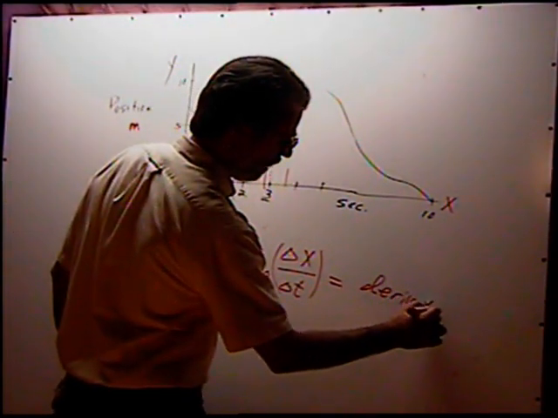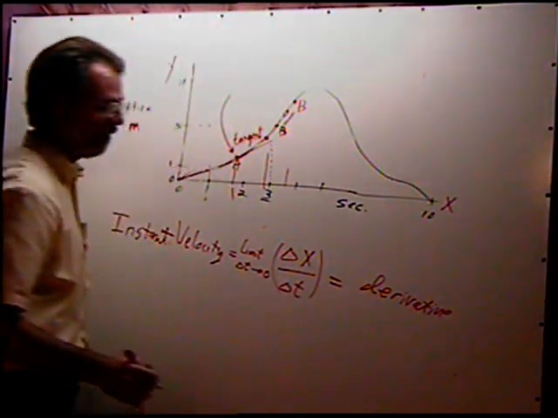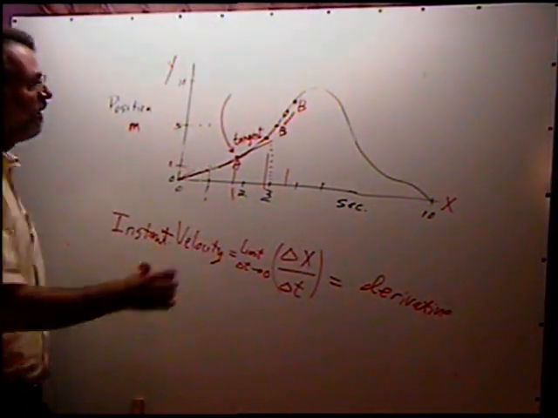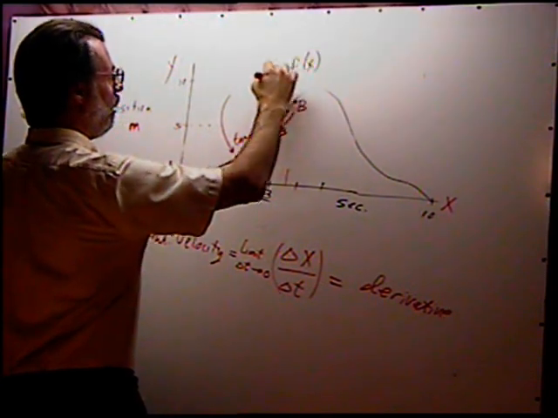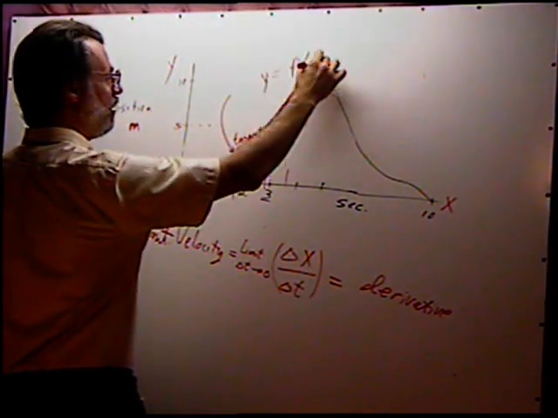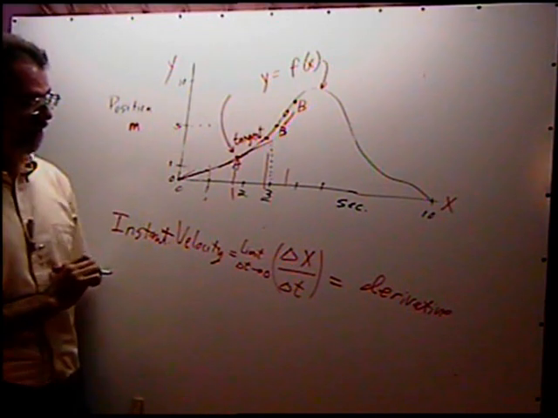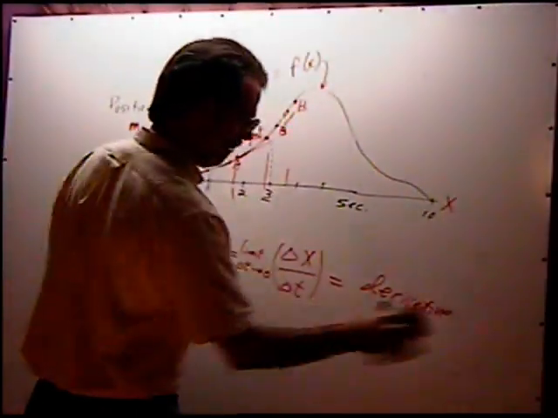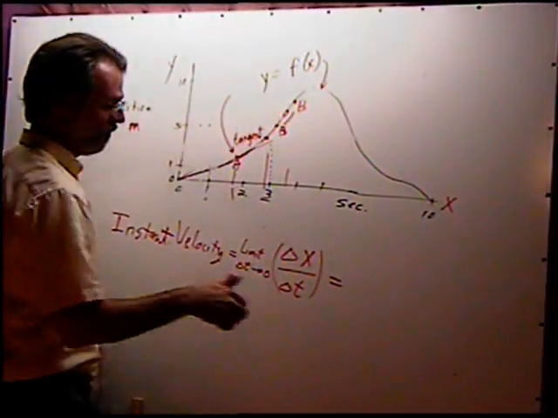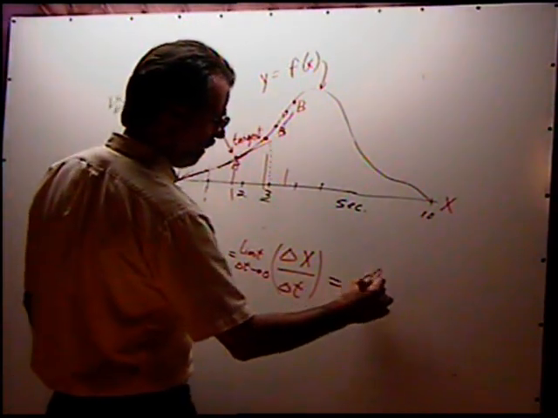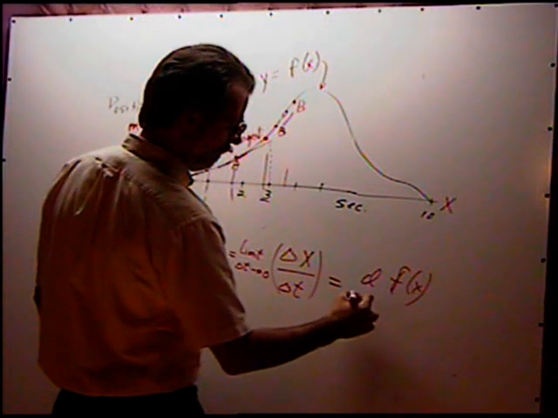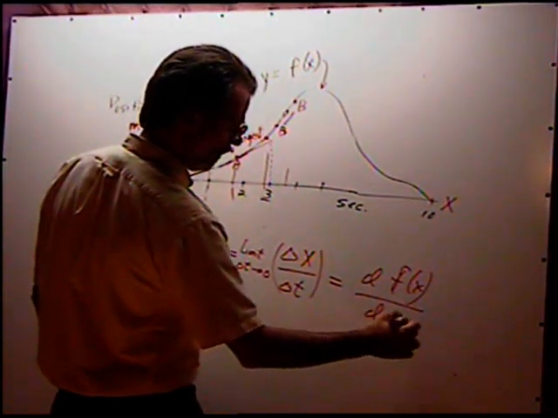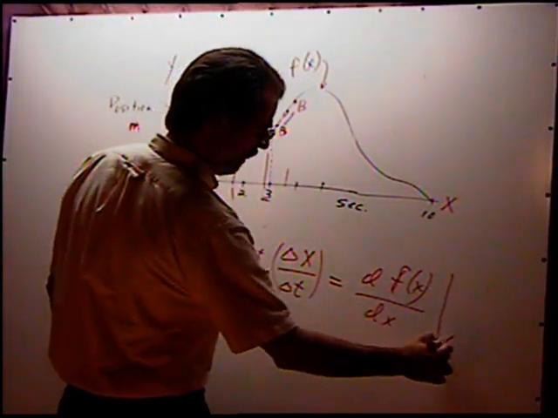Derivative, if you've had calculus or if you're maybe starting calculus or pre-calculus: if y is some kind of function, basically what we do is we take the derivative of that function when x equals a.